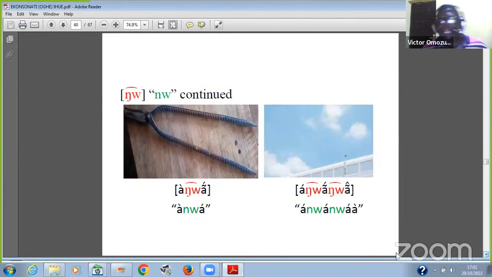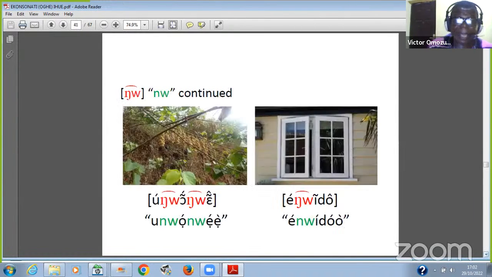It's a blood-sucking insect. Then over there, Awan. Over there, Awan. So you can hear we, which is well articulated there.